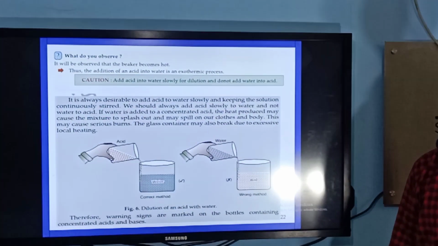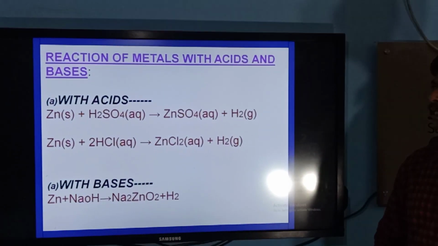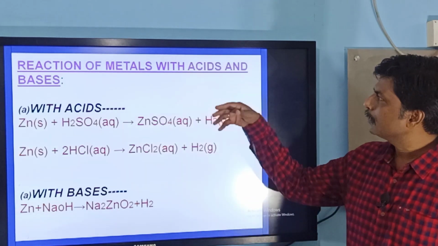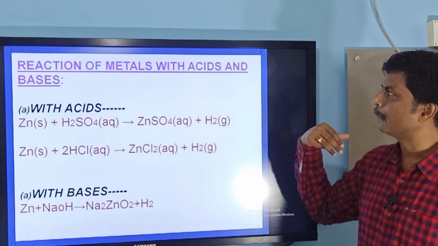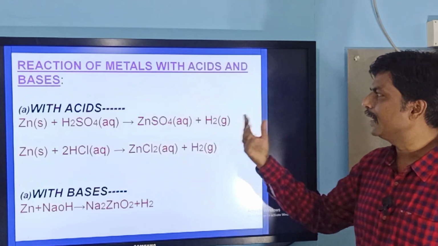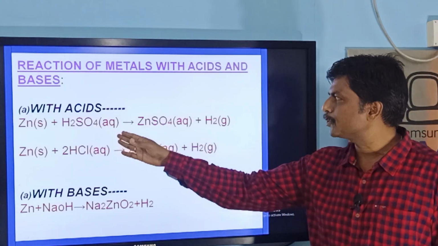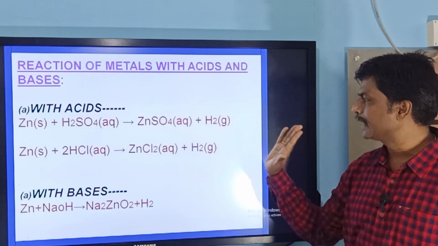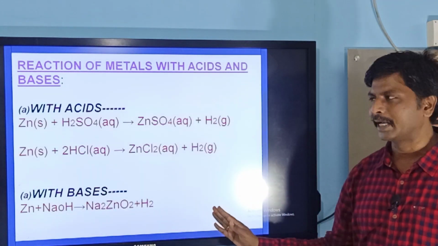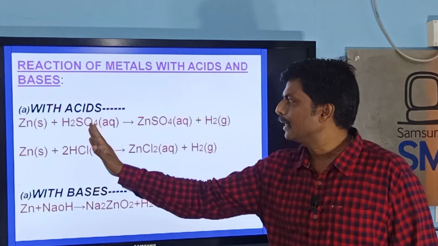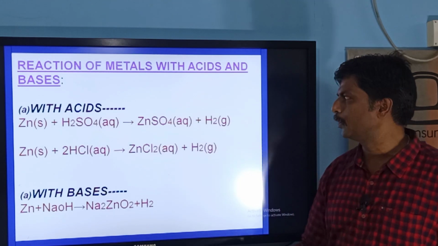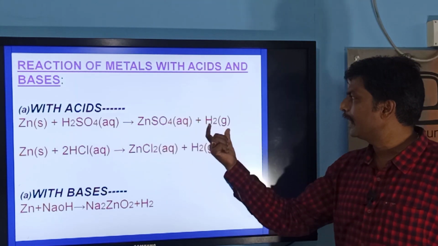Okay, thank you. Based on all these lab activities, 10 activities, we can see some chemical properties. First, reaction of metals with acids and bases. Already you have seen zinc reacts with H2SO4, gives hydrogen gas. Zinc reacts with base also, NaOH, gives hydrogen gas. Zinc metal plus acid, you can use either dilute HCl or H2SO4, you will get some salt and hydrogen.